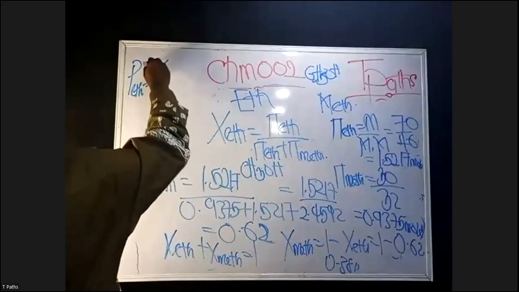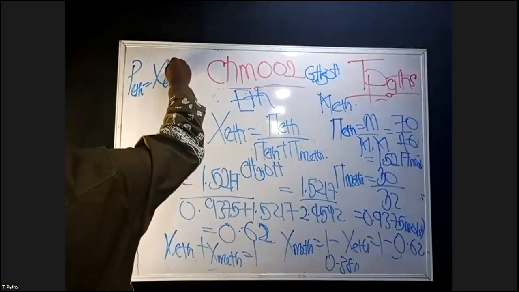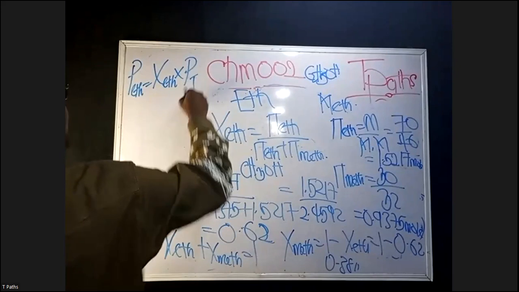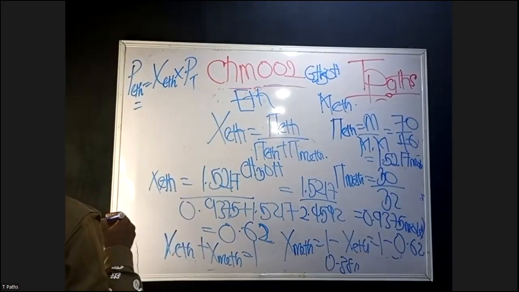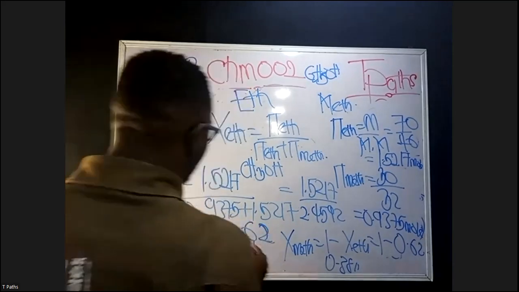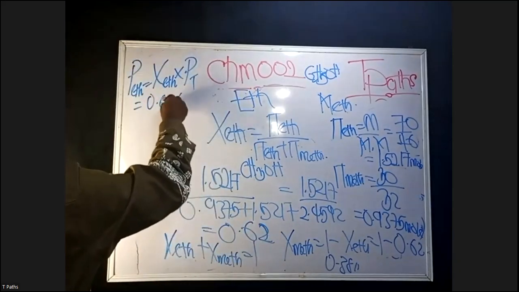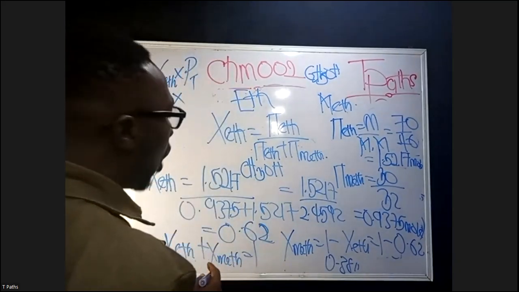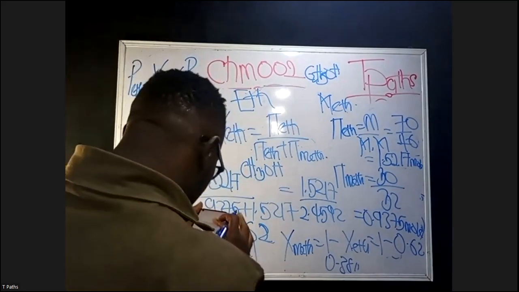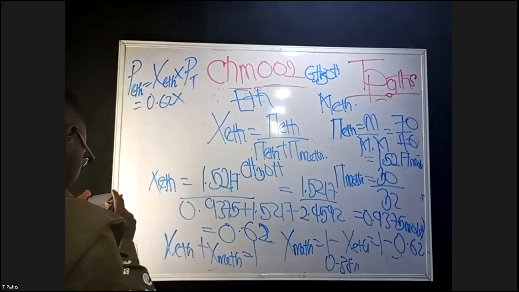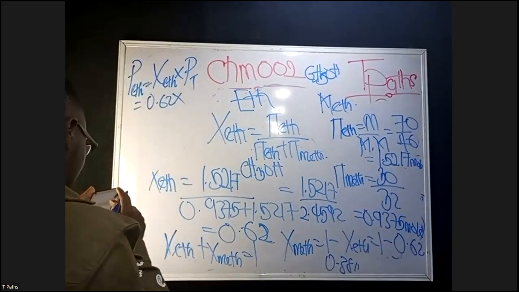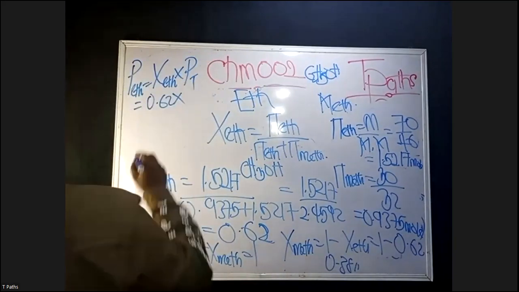That will be equal to X of ethanol times the pressure. What is X of ethanol? X of ethanol, like we did, is 0.62, times the pressure of ethanol, which is 75 millimeter mercury.